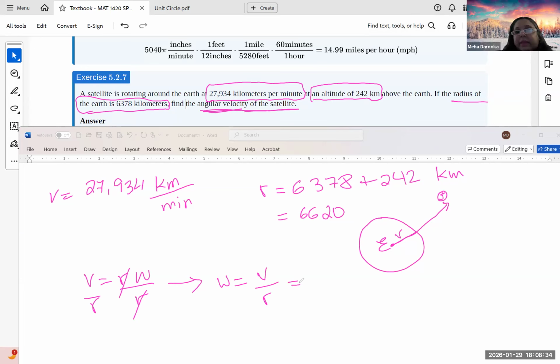Like I said, you can plug in the numbers and then do the division. It does not matter, but you're basically taking 27,934 and dividing it by that total distance, which was 6,620, and approximately you said 4.220.